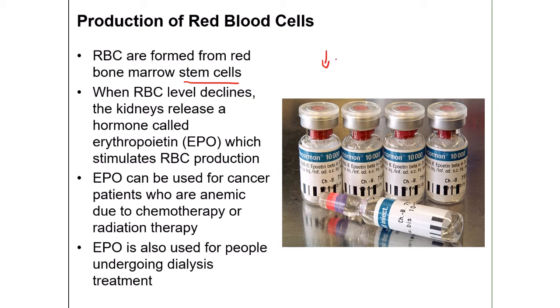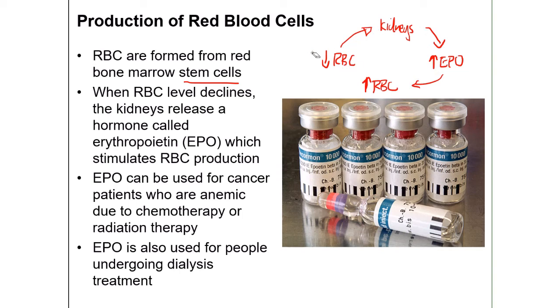Okay, so if you have low RBC, then that's going to cause your kidneys to release EPO. Okay, and then EPO is going to stimulate your bone marrow to make more RBC. So this is what we call a negative feedback.